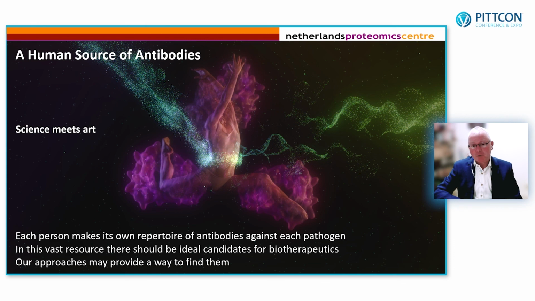And I really like the connection with the dancers, because I see antibodies as some of the most flexible molecules in our body that can interact with whatever they want to interact with by dancing around, by making connections, and by targeting, as they are called, antibodies, by targeting the antigens.